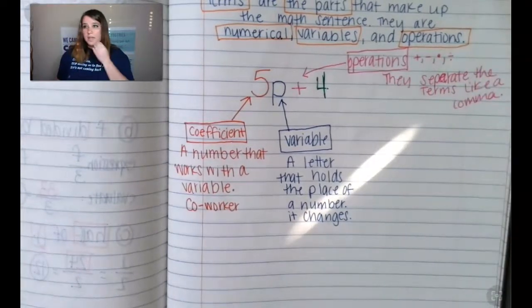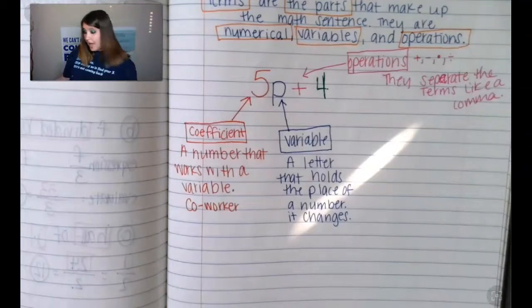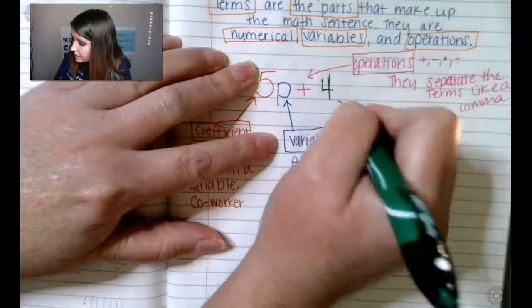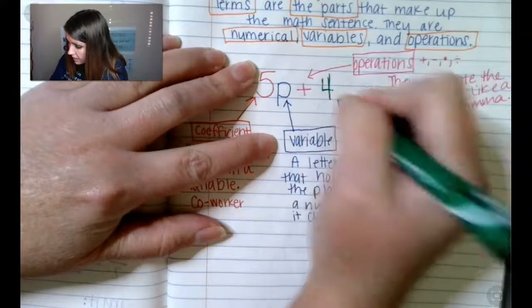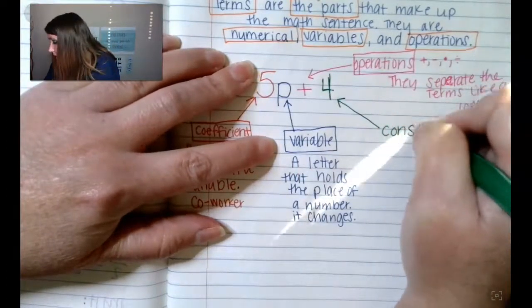So they work like a comma. All right. The last part of our algebraic expression that we have is this number right here. This is called a constant.